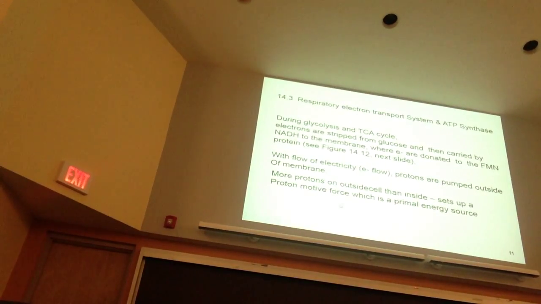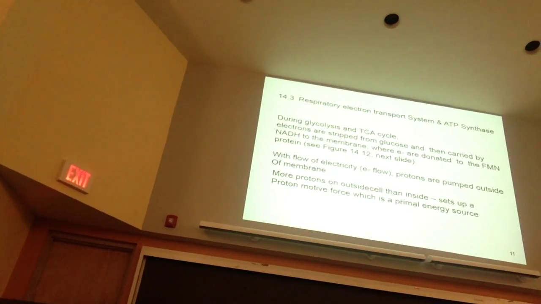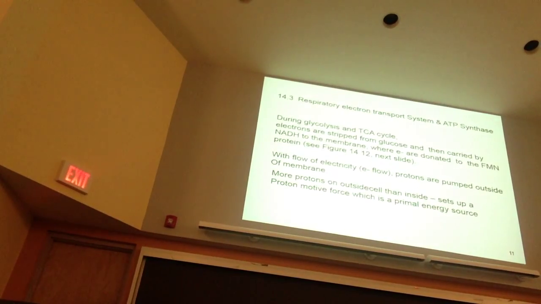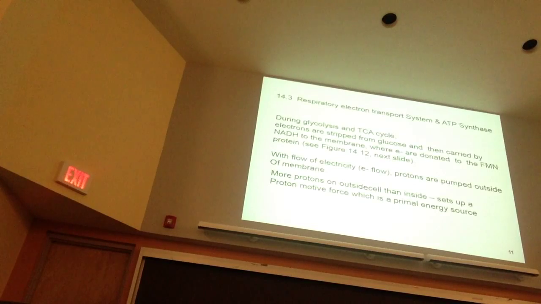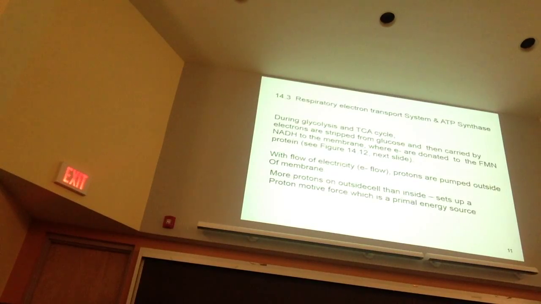So, understand in chapter 13, though I didn't cover it in detail, understand what glycolysis and the TCA cycle are about. Glycolysis is the lysis of glucose into two molecules of pyruvate. And why does the cell do that? It does it to make ATP and to make NADH.